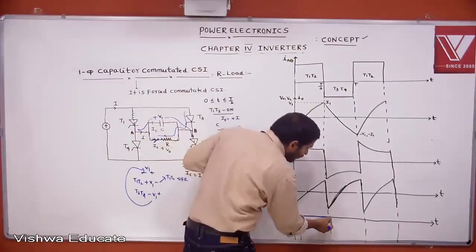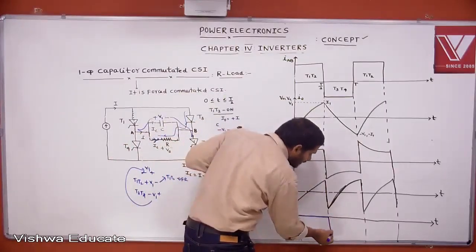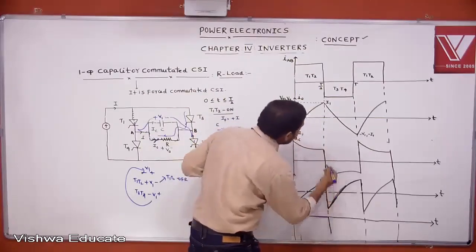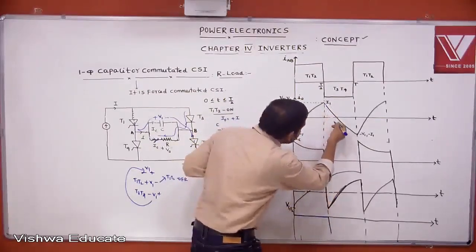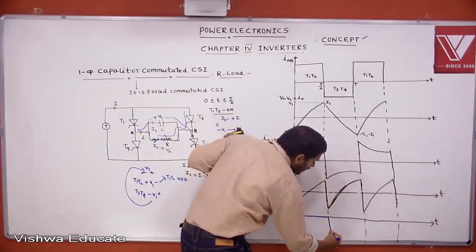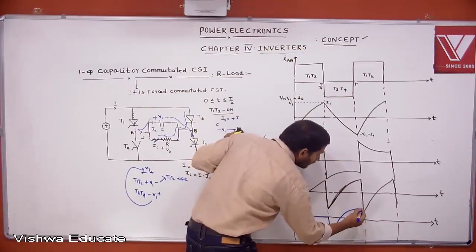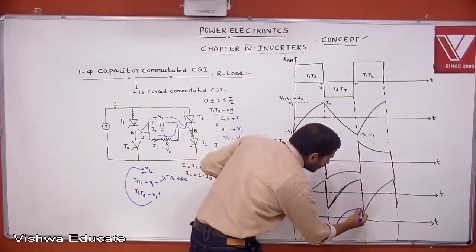If T3, T4 is triggered, suddenly T1, T2 is reverse biased. As the capacitor changes its polarity, the voltage across T1, T2 is also changing.